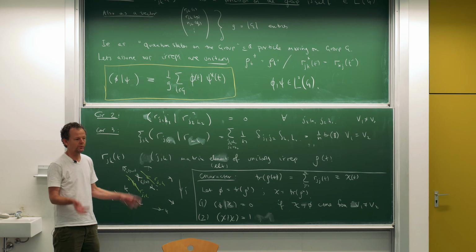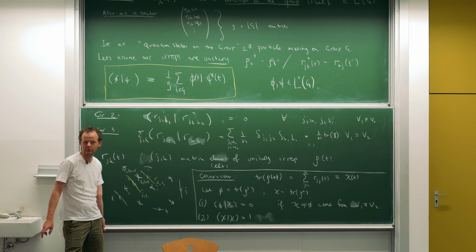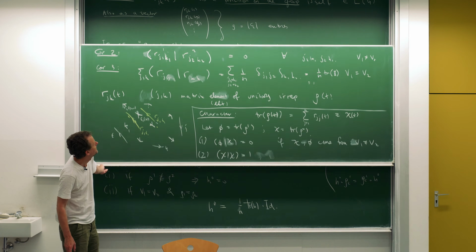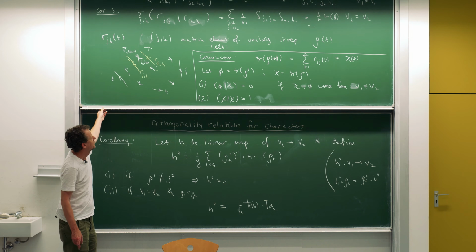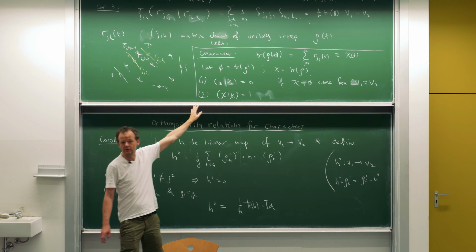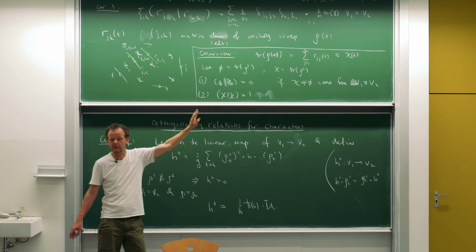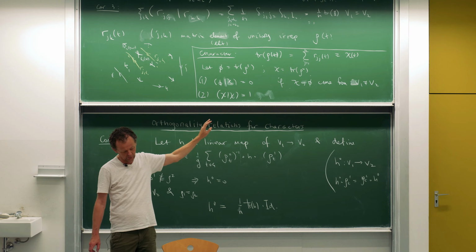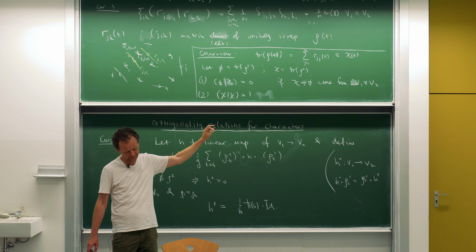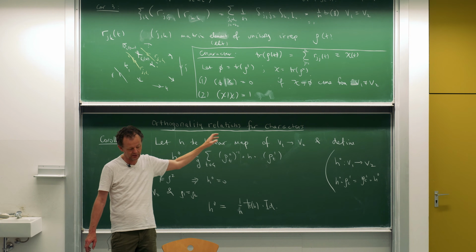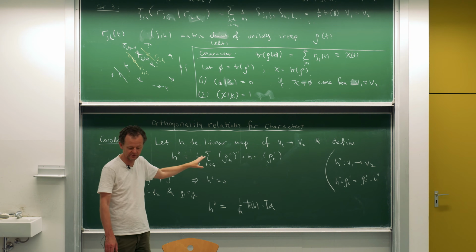Now so far you're like, oh great, you just define some functions on the group, good. We're going to put this result now to work, to determine how many times an irreducible representation appears as a sub-representation of something else.